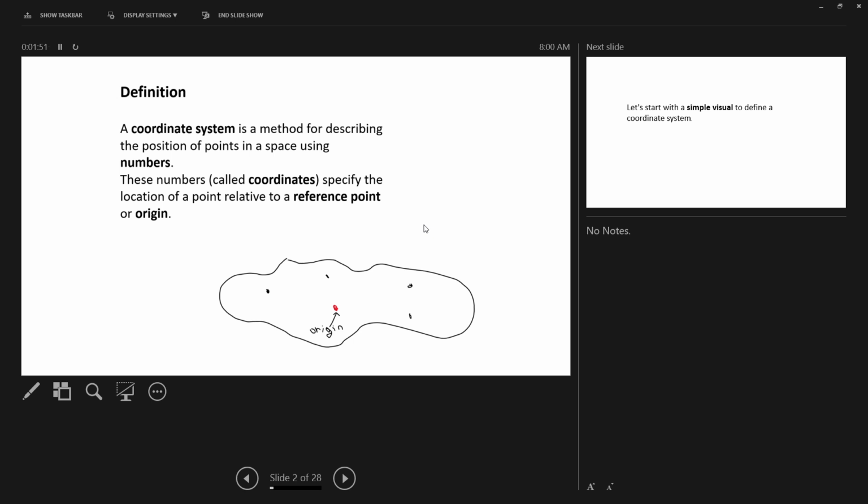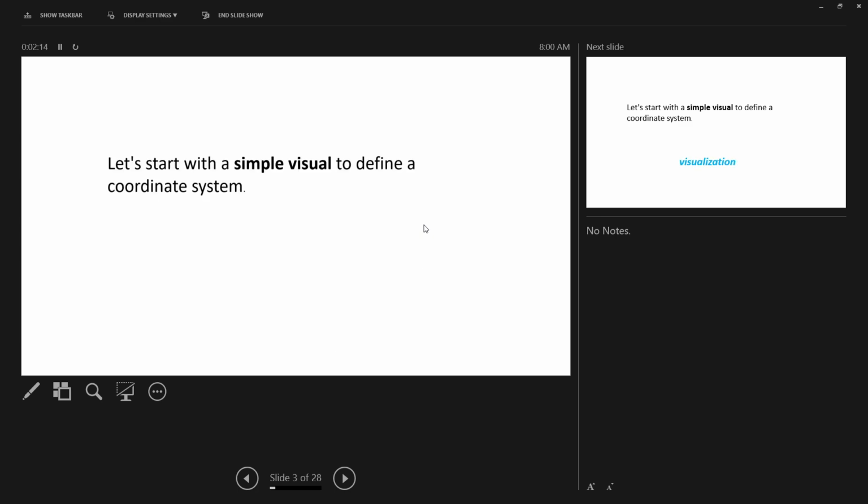And we want to describe the relationship or distance or relative position of the black points relative to the origin point, the red point. So let's start with a simple visual to define a coordinate system.